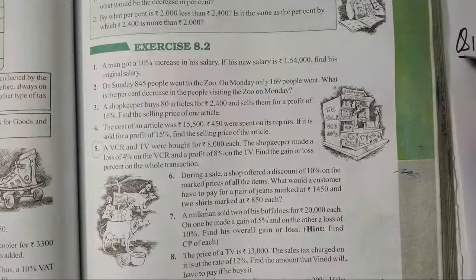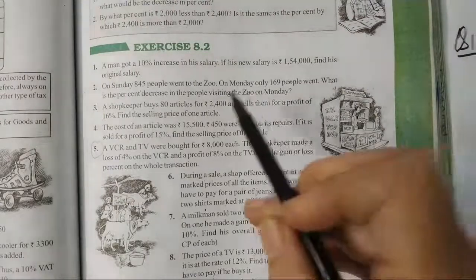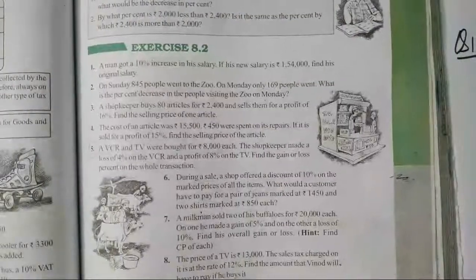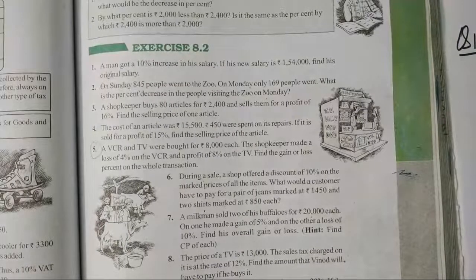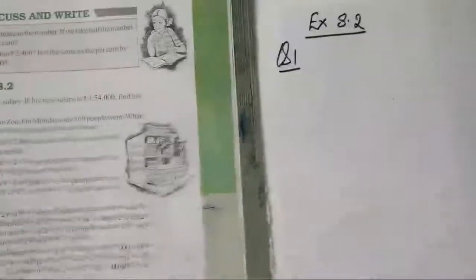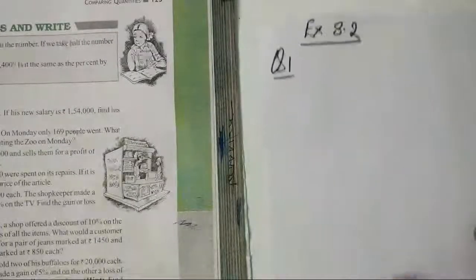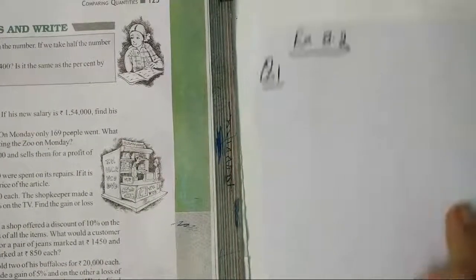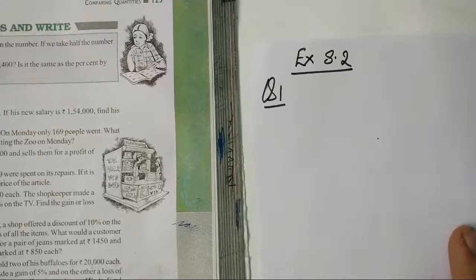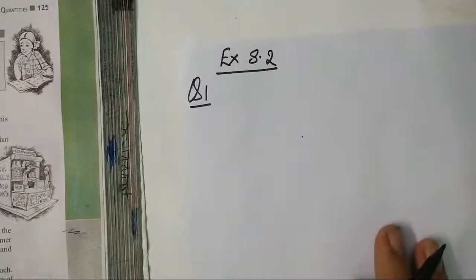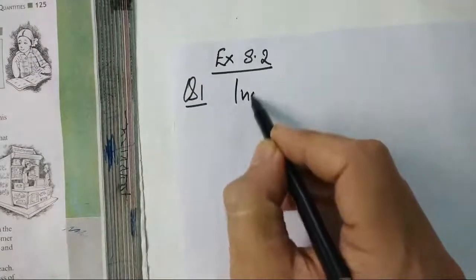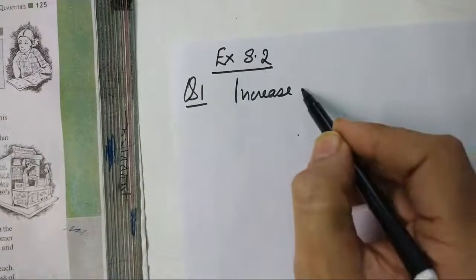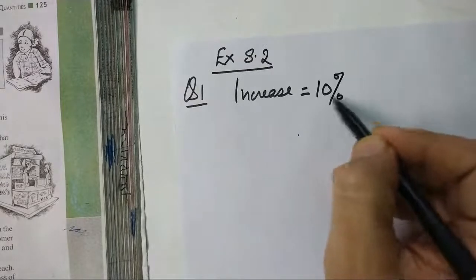So in the first question it is given a man gets 10% increase in his salary, so let's write he is getting a 10% increase in his salary. So in this there is an increase of 10%.